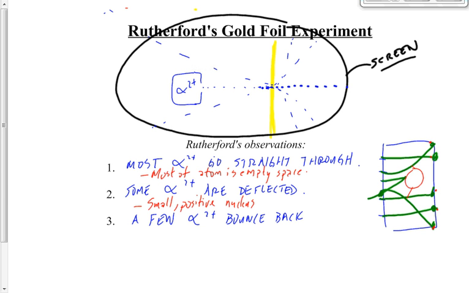A few of them bounce back. All right, well, this guy right here bounced back. What do we know about this small, positive nucleus if every once in a while somebody bounces back? Let's put it this way. If Tanner's the guy who's running across the football field and bounces back, and there's somebody in the middle of the football field that's pushing a couple of these guys away and causing him to bounce back, what we know is that it's not a little 2-year-old. Because if Tanner runs into the 2-year-old, what's going to happen?